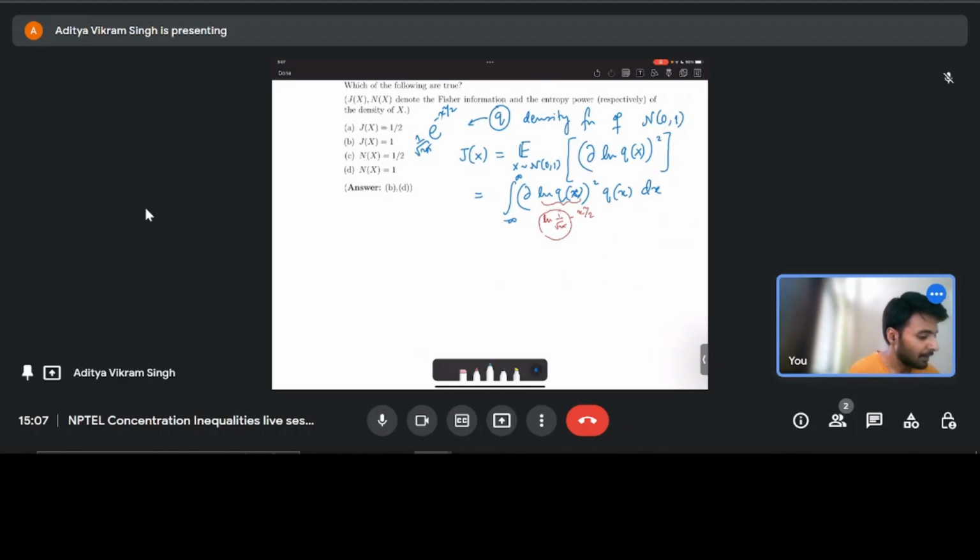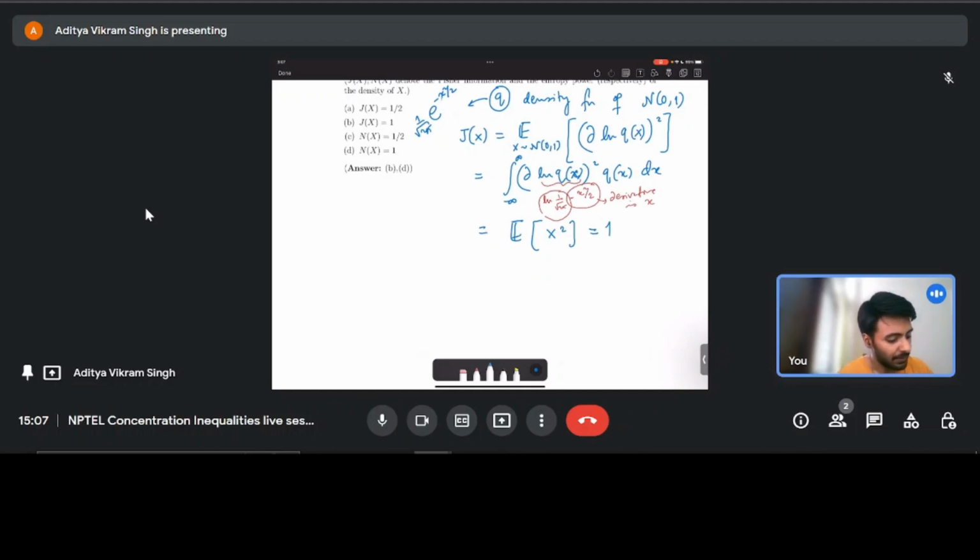You have to take the derivative of this minus x square by 2 with respect to x. What that will give us is just x. So this would just be the expected value of, the derivative is x, and then you square it. So we have the expectation of x square, which is 1. So Jx is 1.